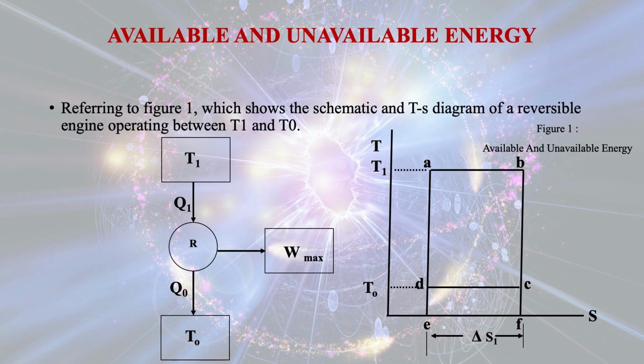T0 is the temperature of the sink, and Q0 is the heat rejected to the sink at temperature T0. Now this is the TS diagram, that is temperature entropy diagram for the whole process, and now let us see what we get for this engine with respect to the output as well as efficiency.